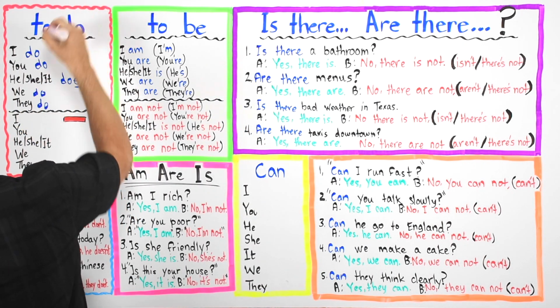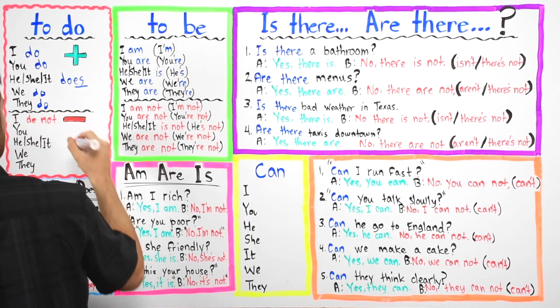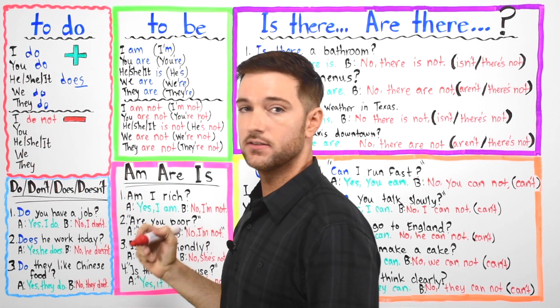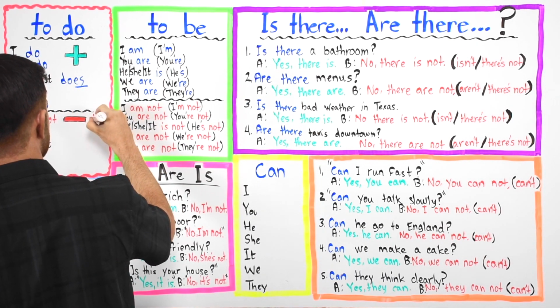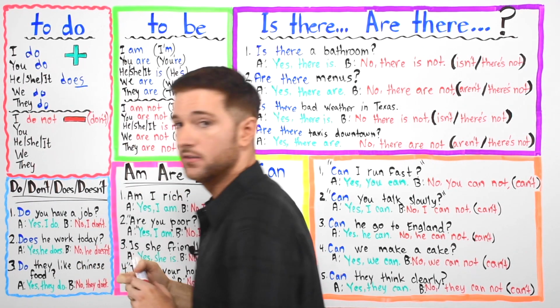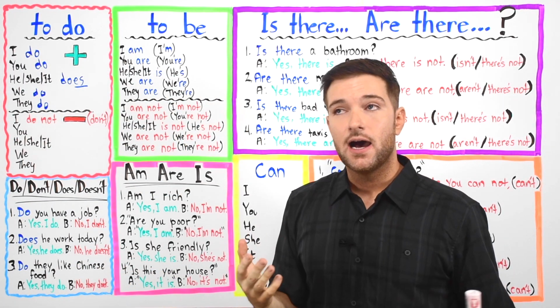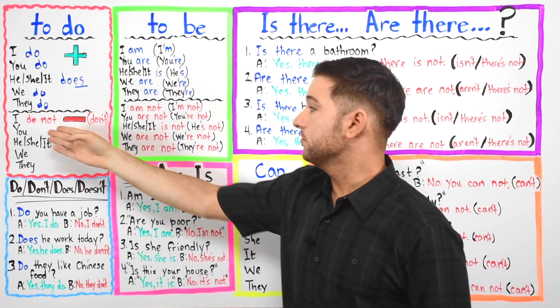Okay, so we take do and we add the word not, N-O-T. I do not, okay? Or you could say I don't, D-O-N apostrophe T. I don't is a contraction of the form do not.